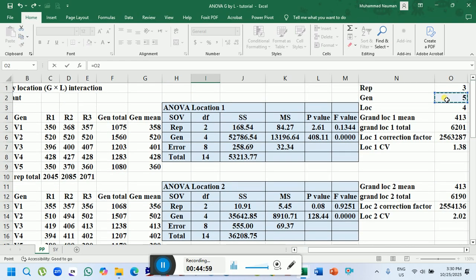Number of genotype minus 1, put this in one bracket, multiply by location minus 1, number of location minus 1.